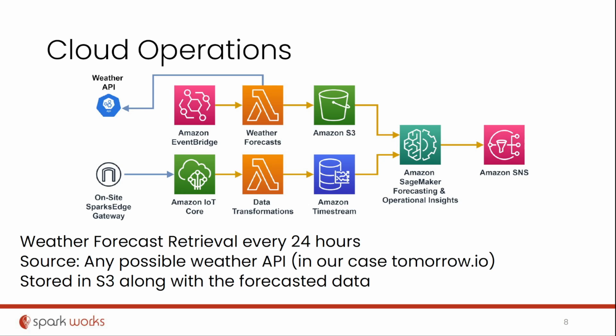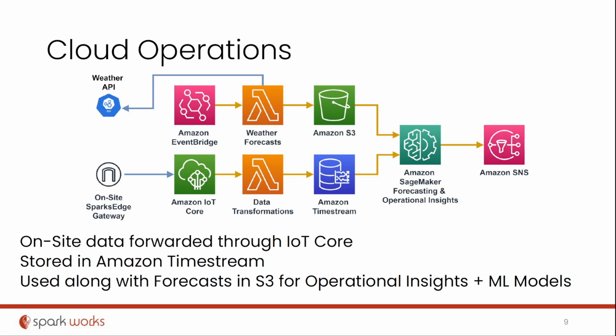So we can poll a weather service every 24 hours, get a new forecast for the weather conditions, and then generate based on that forecasts about the expected energy production of our power plant. And on the bottom path, we have the data coming from the site, from the power plant itself, collected by the Spark Edge gateway and forwarded through Amazon IoT Core to a time series database.